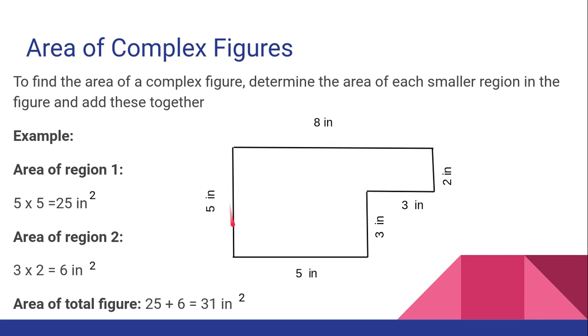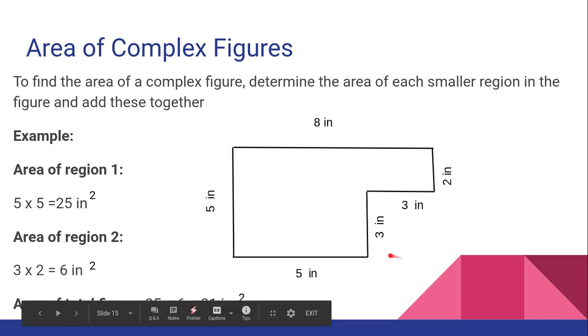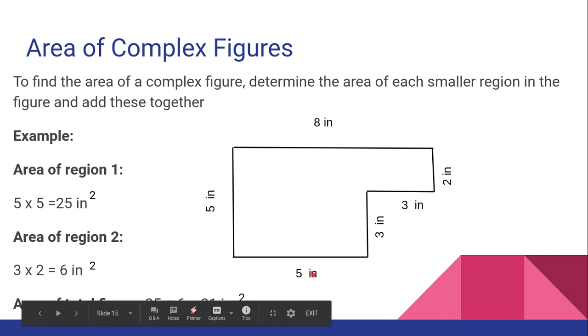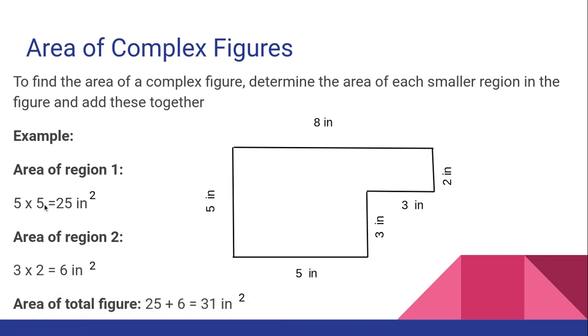So the first area is this square here, and as you can see, it's 5 by 5. To calculate the area of region 1, we're going to do 5 times 5 equals 25 inches squared. So that's the area of this square here.